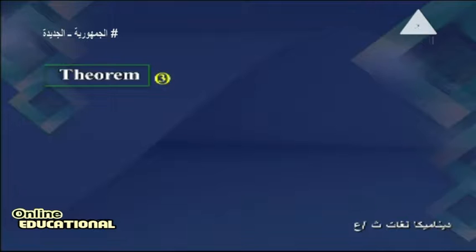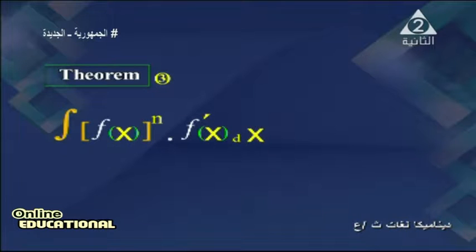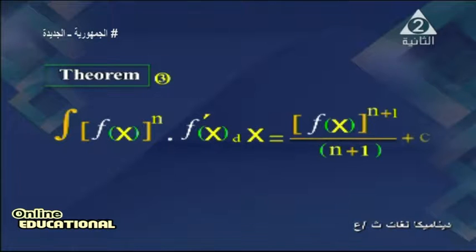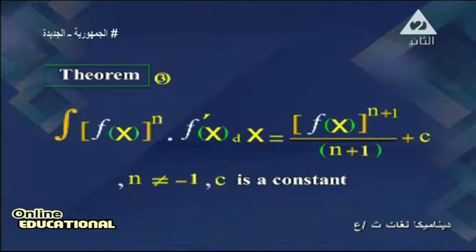Theorem number 3: the integration of [f(x)] to the power n equals [f(x)] to the power n + 1 over n + 1 plus c, where n is not equal to negative 1 and c is a constant. Now we have a function f(x) not of first degree.